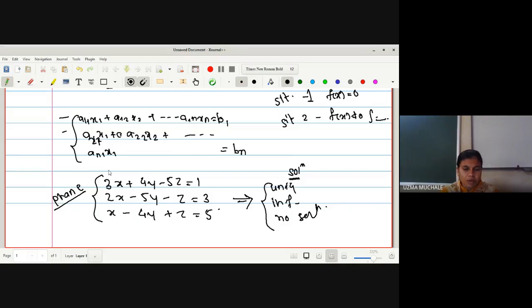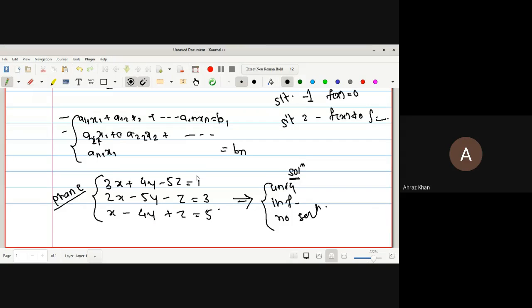Correct? Suppose we have the first equation 3x plus 4y minus 5z is equal to 1. You solved such equations, but did you see how these three equations, if they are equations of planes, actually look in 3D space? How does it look?